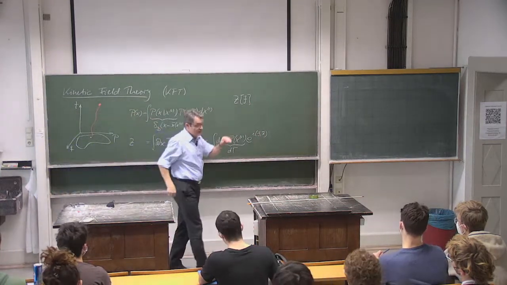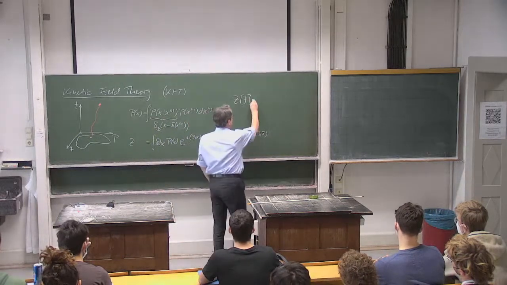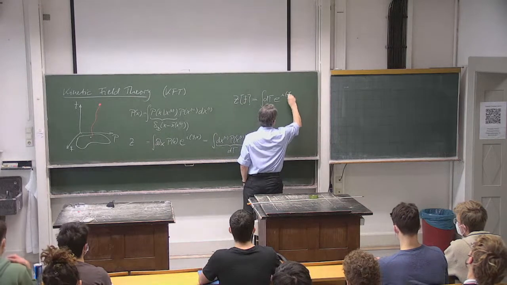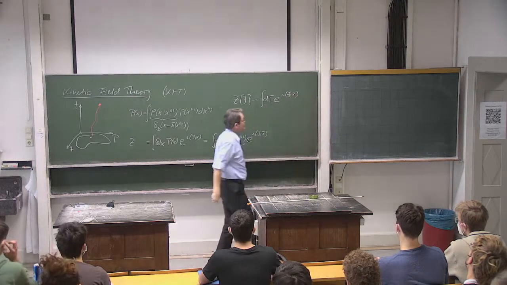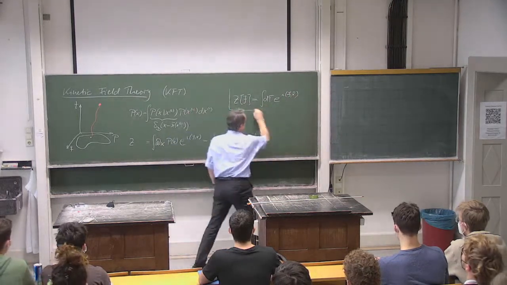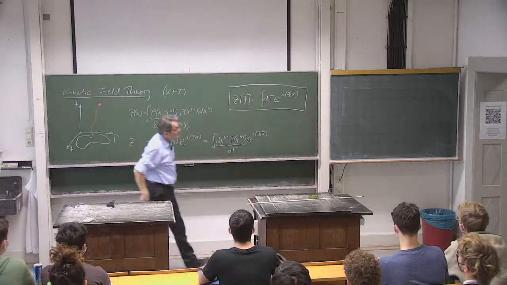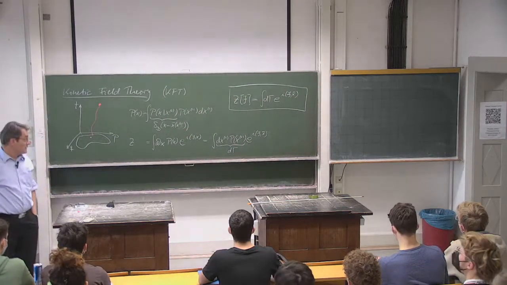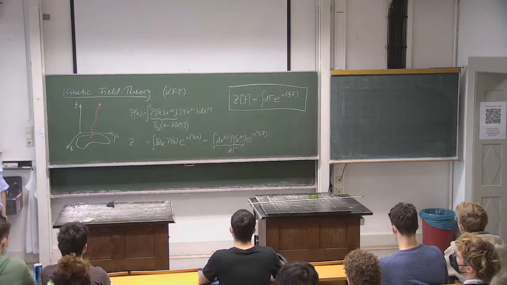The functional of source field J, which is given as d gamma e to the power of i J x bar, contains the complete information about our n-particle system, regardless of whether it is in equilibrium or not.